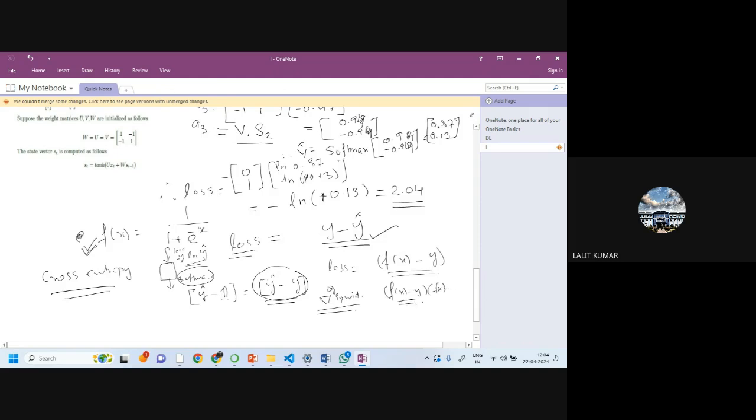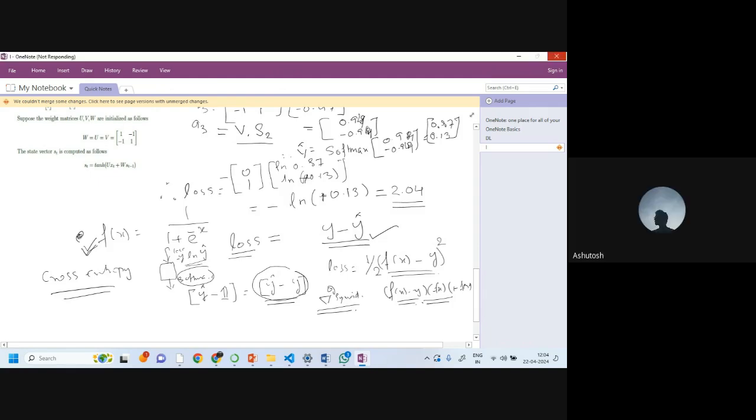This term is coming, 1 minus fx. So for this you use loss function for sigmoid equal to half into fx minus y whole square. And when we do the derivative of this loss function, this value comes.